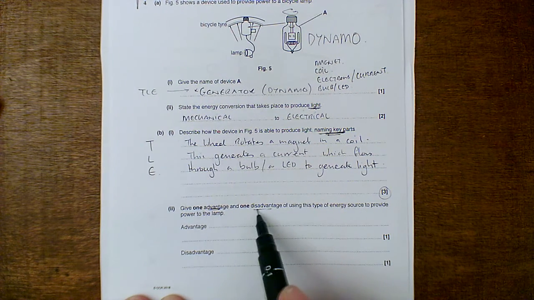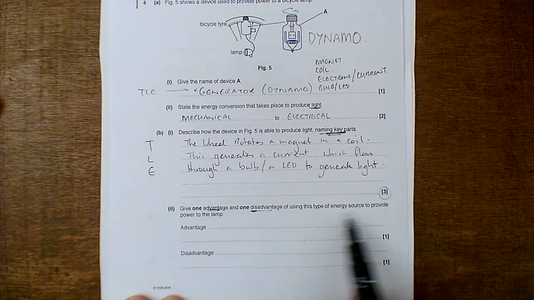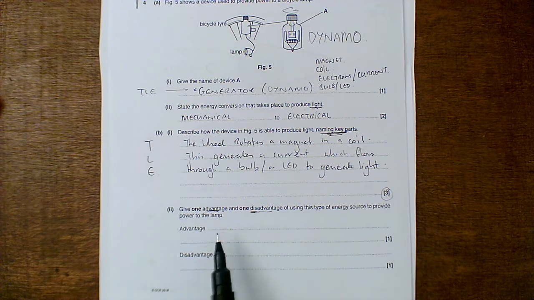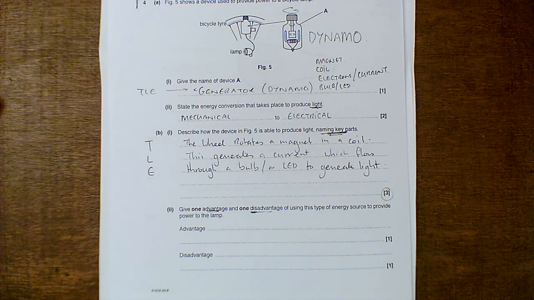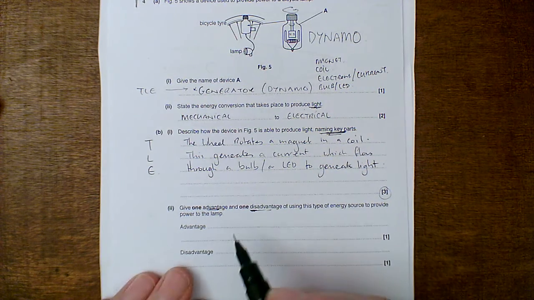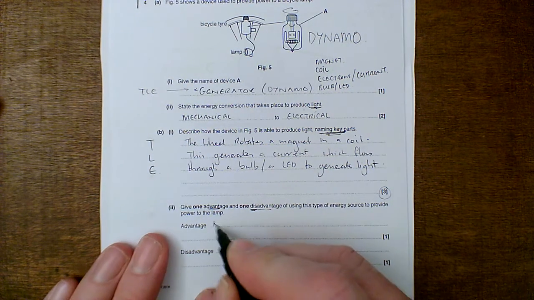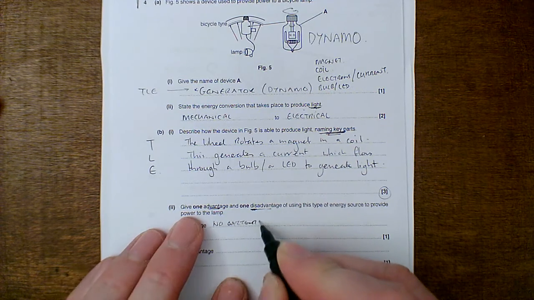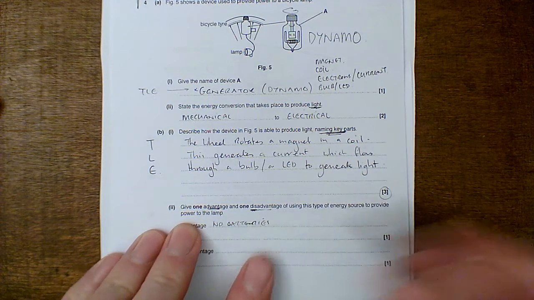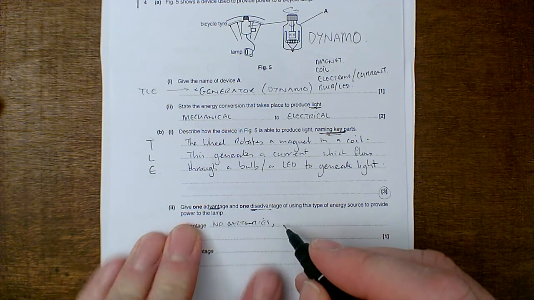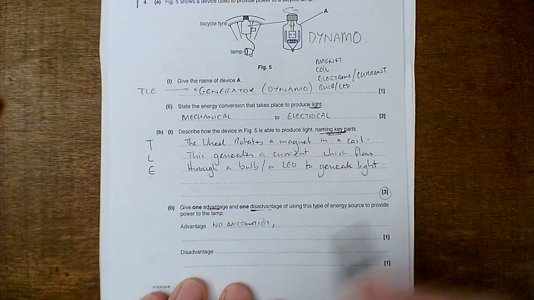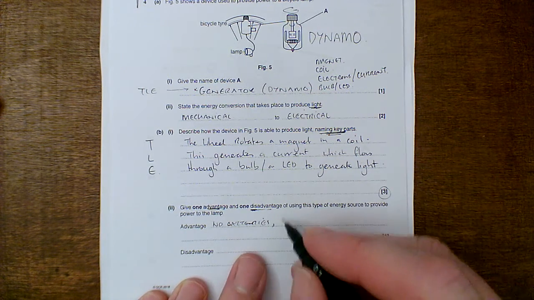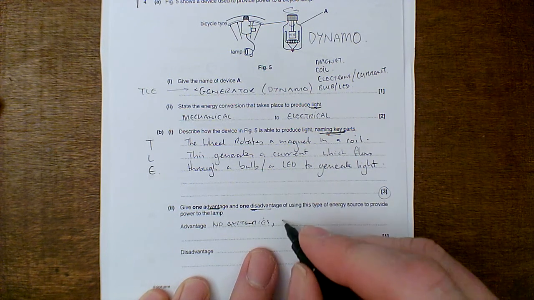And then it's asking us to give an advantage and disadvantage of using this type of energy just to power the lamp. So advantages: no batteries. No batteries is no impact on the environment, I suppose.